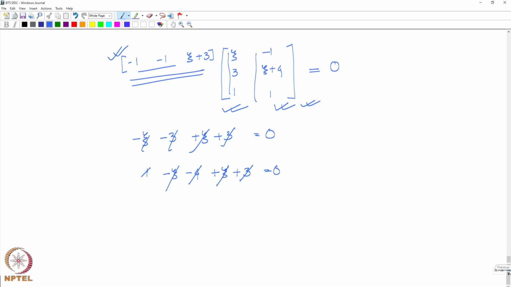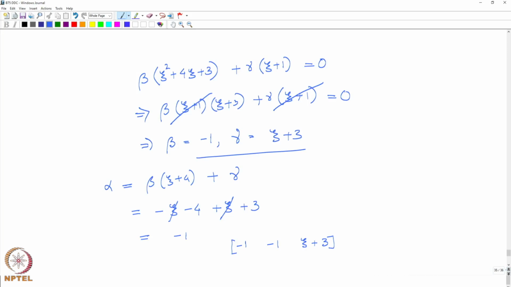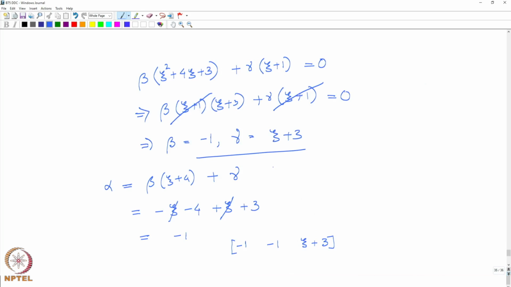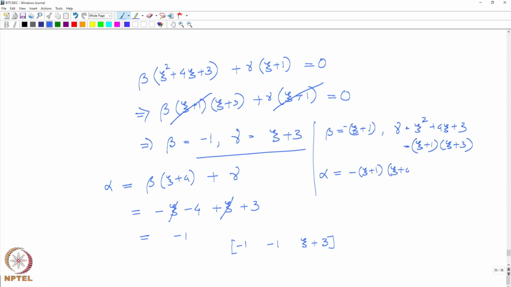Lovely. You might argue, why this and why not the first choice that I made? What was wrong with it? If I had done that, I would have got a common factor between the 3. I can just show you that. Let us say we made the other choice. Suppose I take beta to be equal to minus xi plus 1 and gamma to be equal to xi squared plus 4 xi plus 3, which is in fact xi plus 1 times xi plus 3. In that case, alpha once again comes out to be minus xi plus 1 times xi plus 4 plus xi plus 1 times xi plus 3.